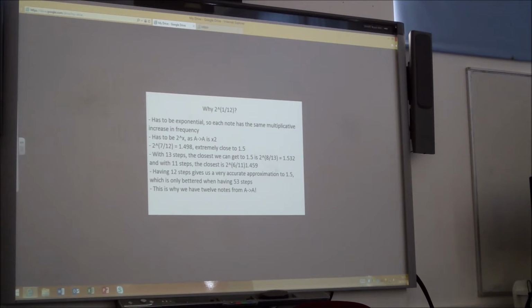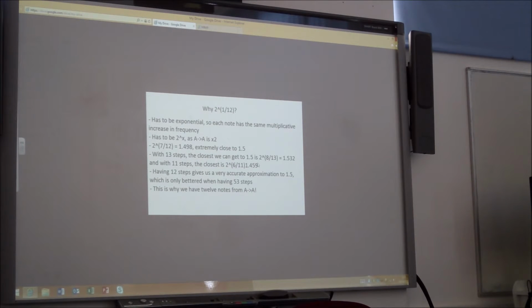And you notice that 2 to the 7/12 is 1.498, which is very, very close to 1.5. If we instead have 13 steps from A to A, then the nearest we'll be able to get is 1.542. If we had 11 notes in between A and A, the nearest will be 1.459.